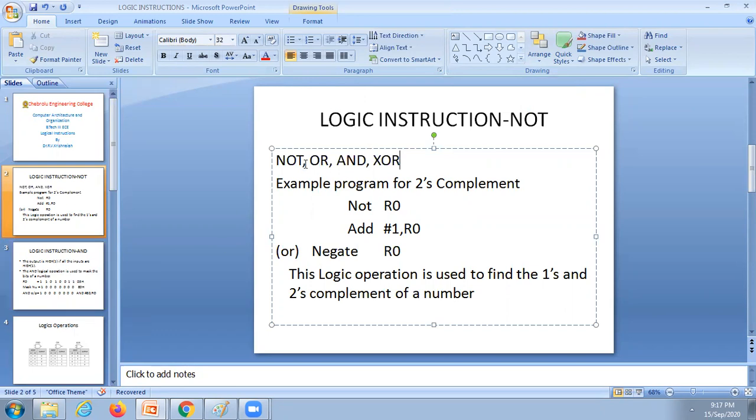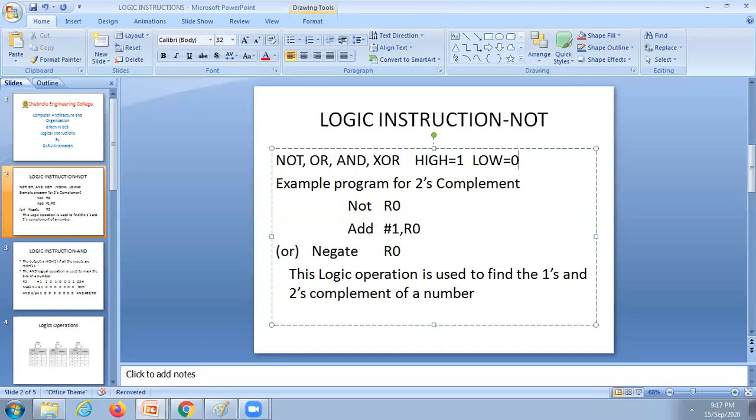So here, NOT logic, anyway, all of you know that. NOT means if input is 0, output is 1. If input is 1, output is 0. Always 1 means high, and high means 1, low means 0. Sometimes we call it high, sometimes we call it 1.